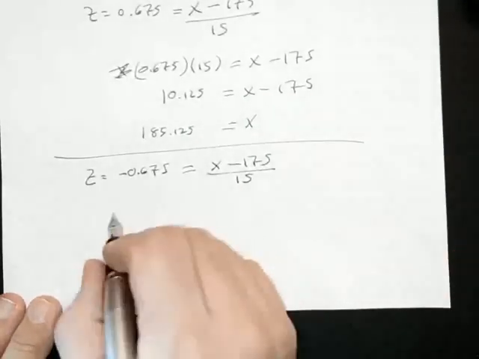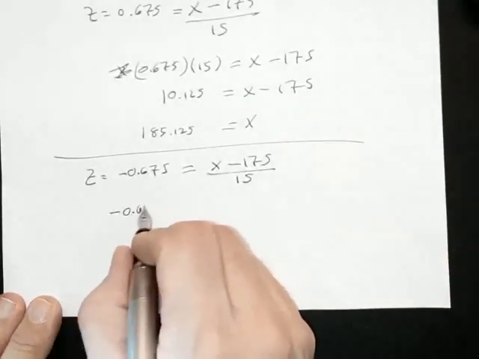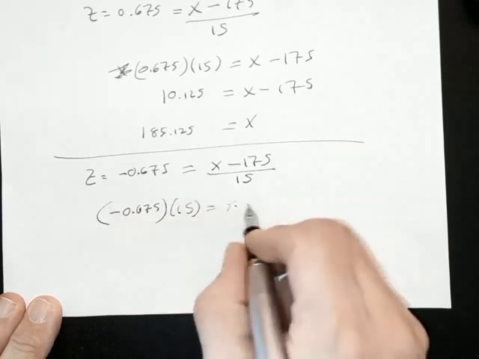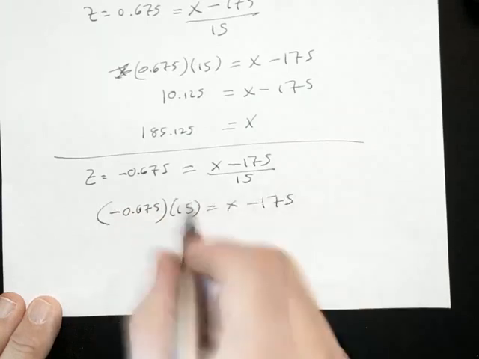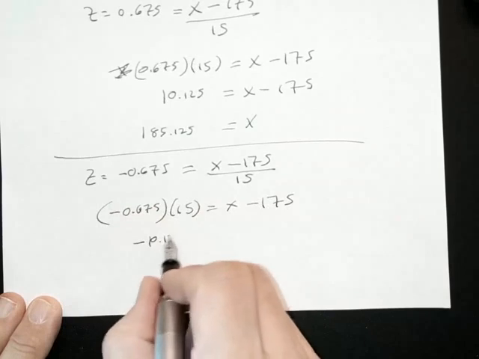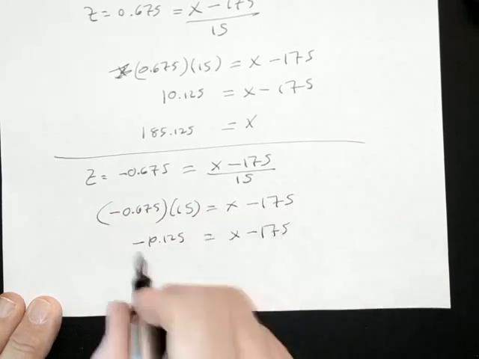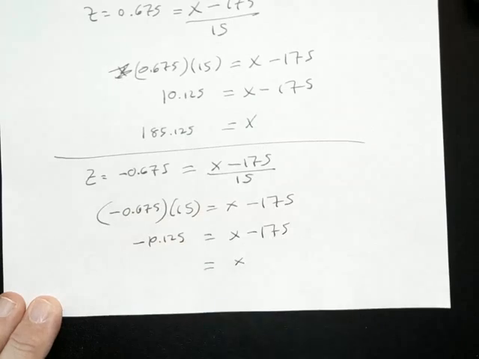Everything else gets carried through exactly the same way. This time it's a negative 10.125. So when I add the 175 on the other side, what do I get?